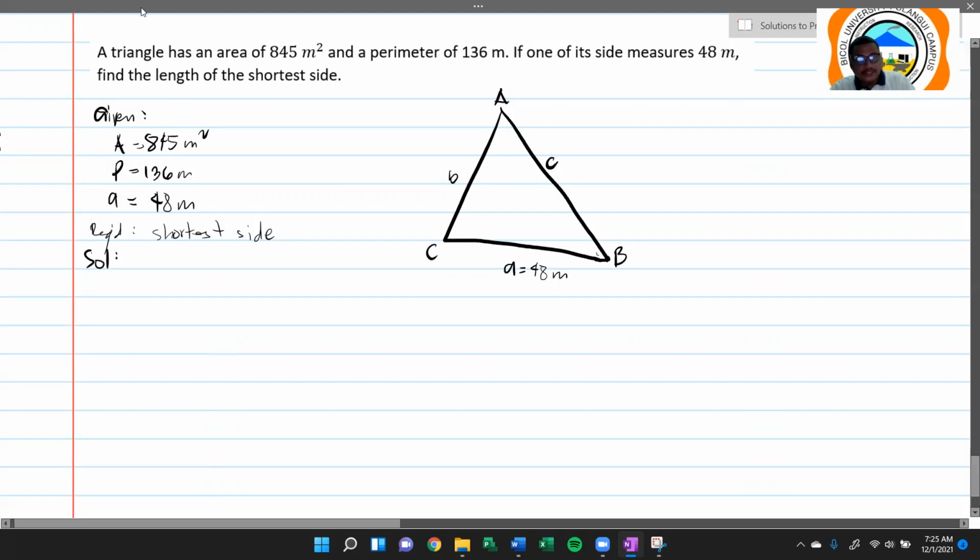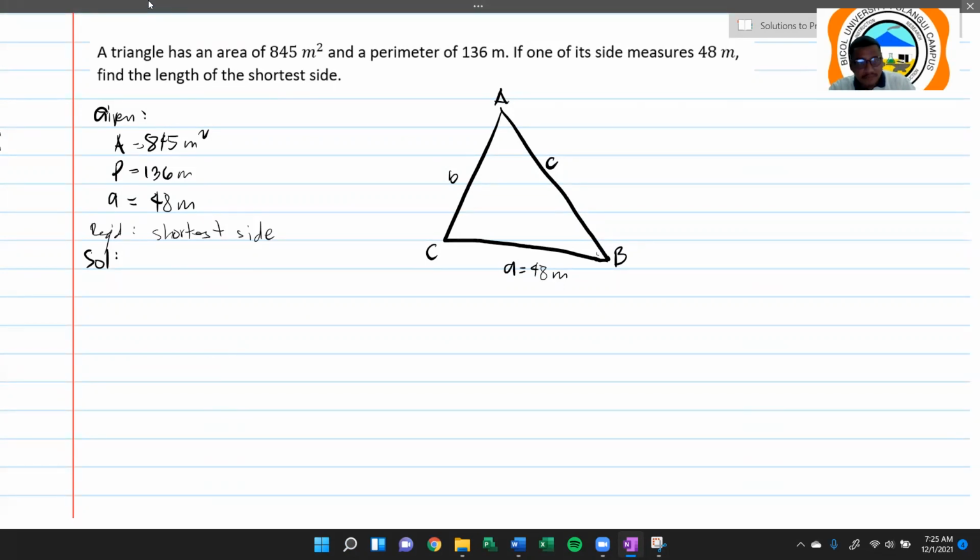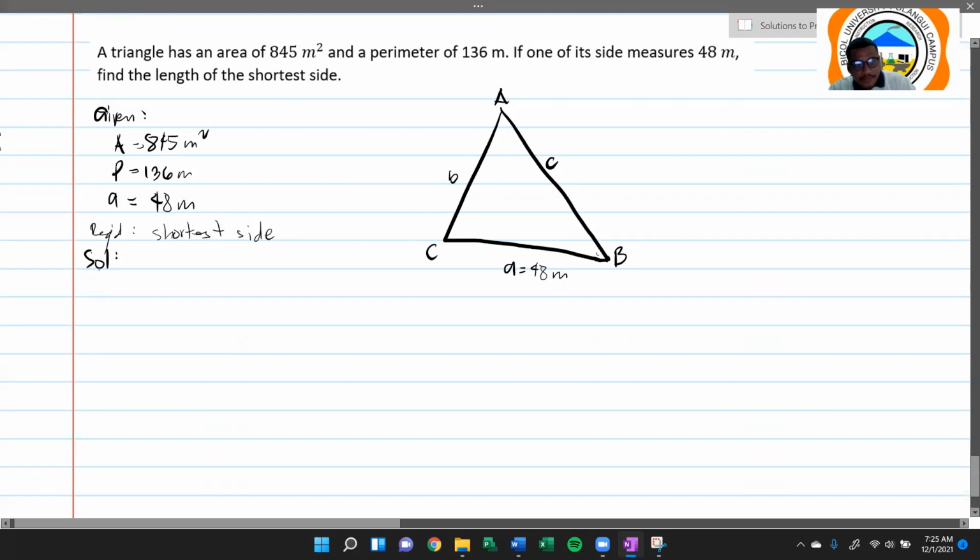First, let's use our perimeter. Our perimeter is equal to the length of the three sides, which is a plus b plus c. So 136 equals 48 plus b plus c, then b plus c equals 88. Or let's say c is equal to 88 minus b. This is our equation 1.